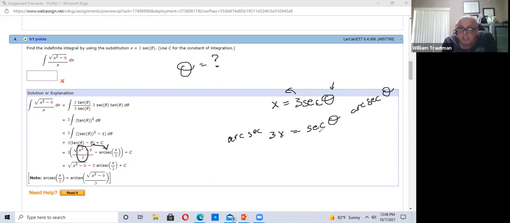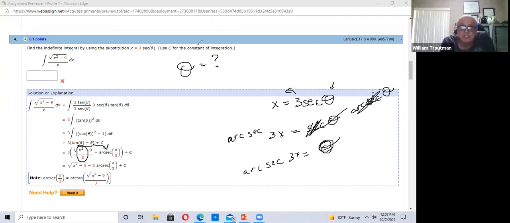The secant and arc secant cancel each other out and we're just left with the theta. Over here, then, we're just left with arc secant of... I didn't say 3x.